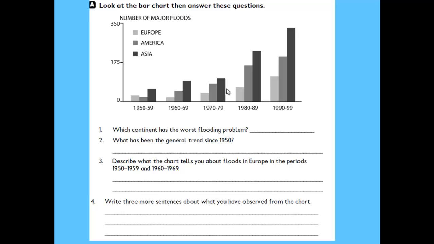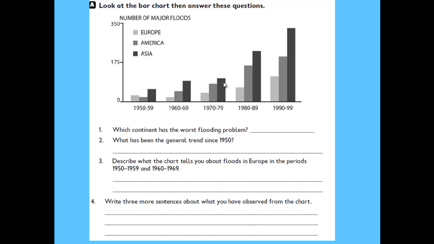Number 3, describe what the chart tells you about floods in Europe in the periods 1950 till 1959 and between these two periods 1960 and 1969. We can say there were less floods in Europe during the period from 1960 till 1969 than there were the previous decade.